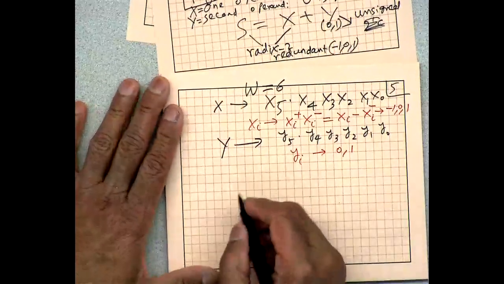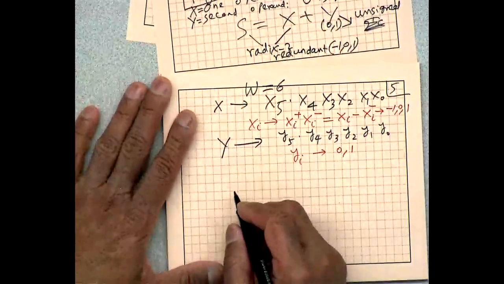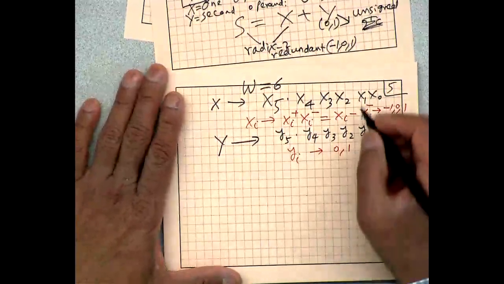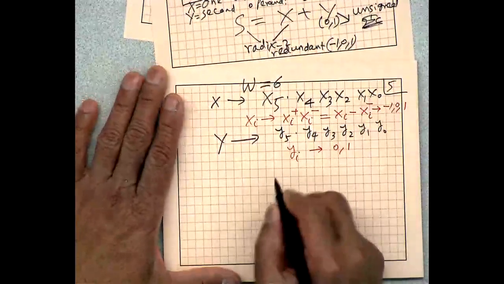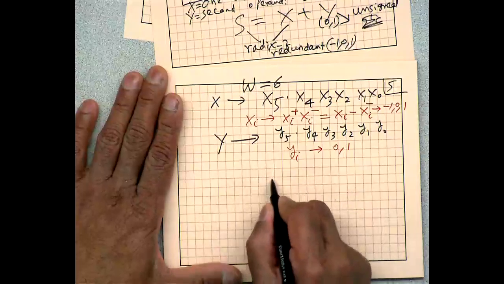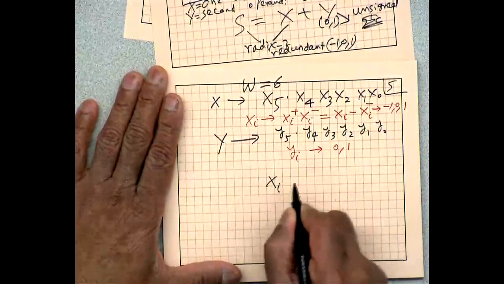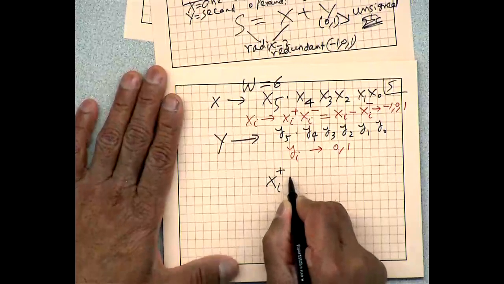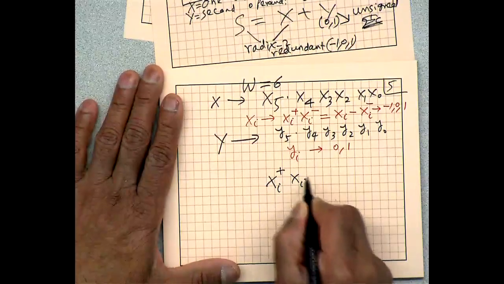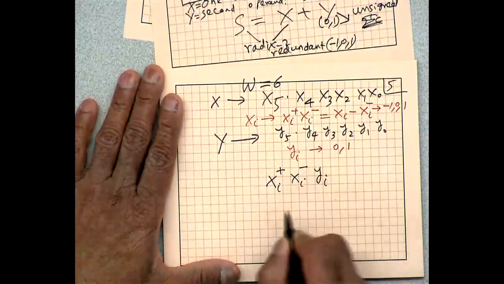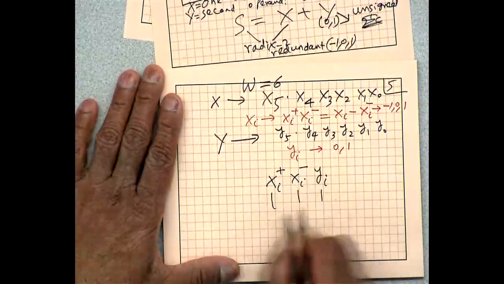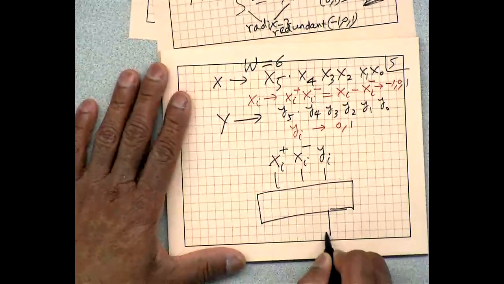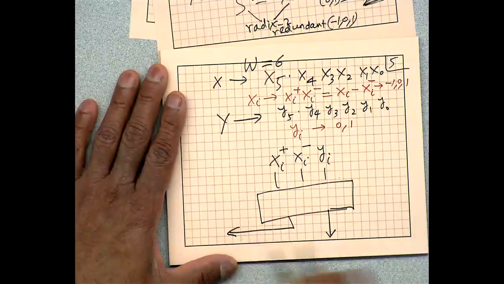Okay, so what do I do to add x0 and y0 or x1 and y1? At any position i, if I want to add xi plus, xi minus, and yi, I want to put this into an adder and compute a sum bit and a carry bit.